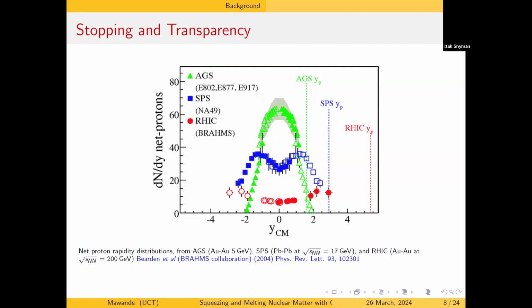For other reasons, we know the ratios of baryon production should come along with the protons that are produced. What's actually happening is that the nuclei become transparent and you get a slowing down.